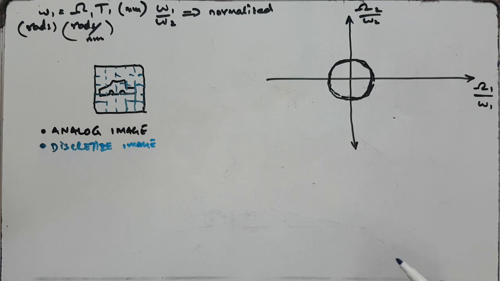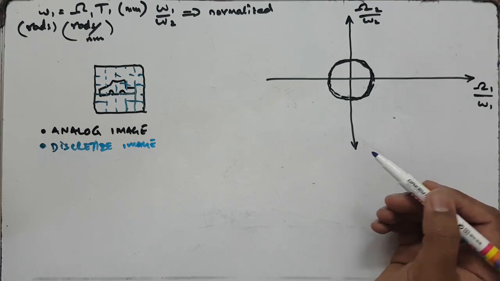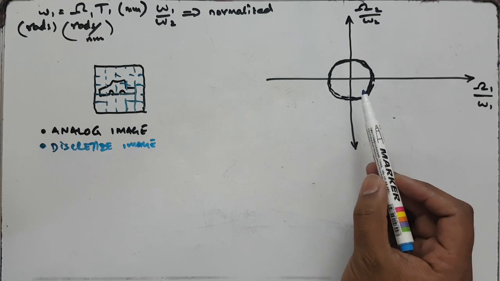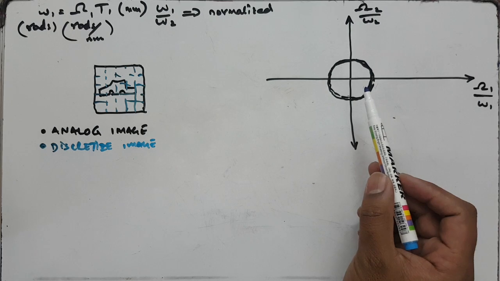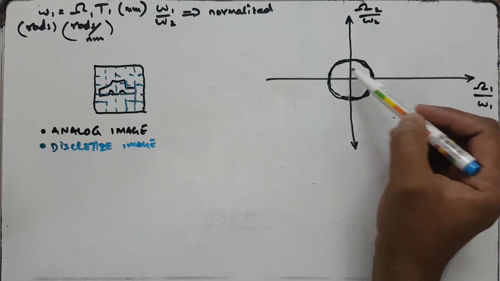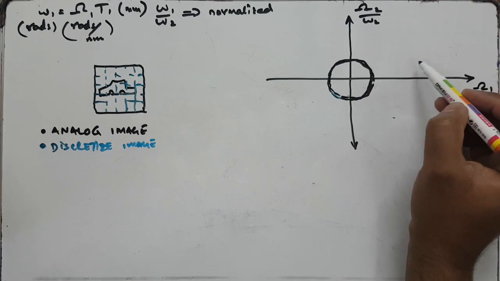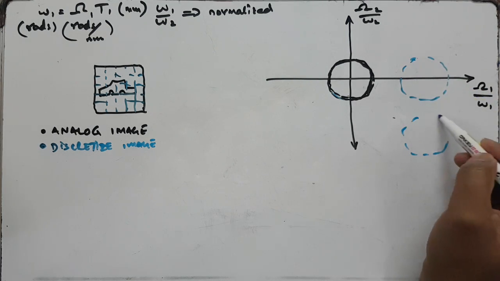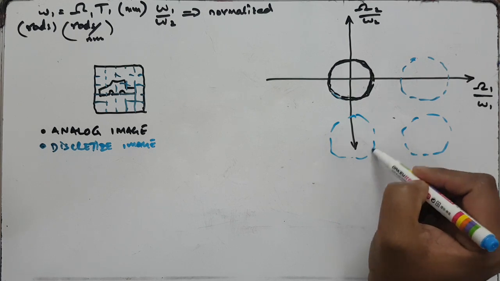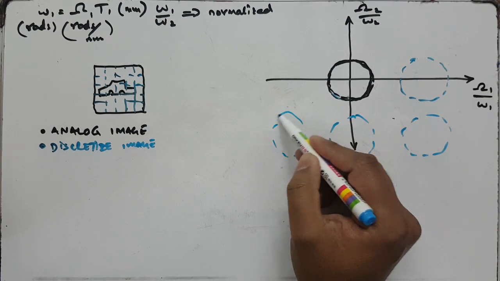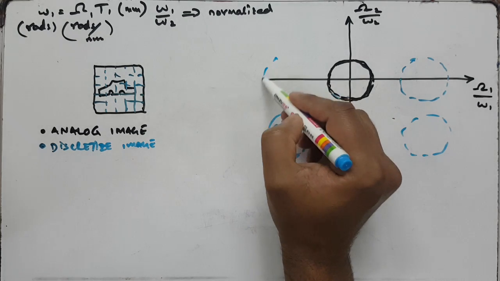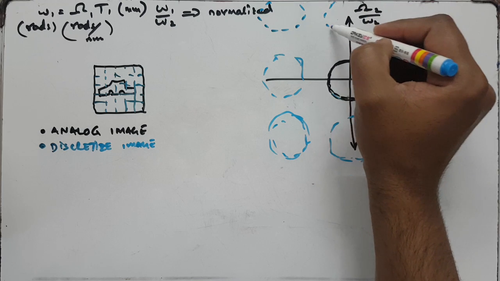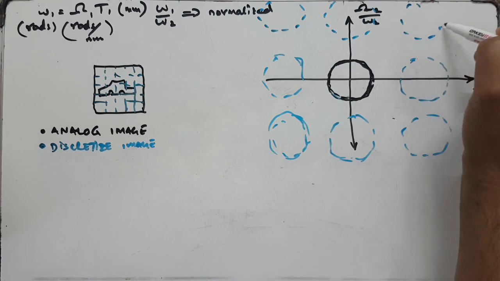And the Fourier transform of the discretized image is what? It is periodic. It is formed by the periodic extension of the Fourier transform of the analog image. So it is just the periodic extension of this. So there is one here, and then another one here, another one here, and here, and here.